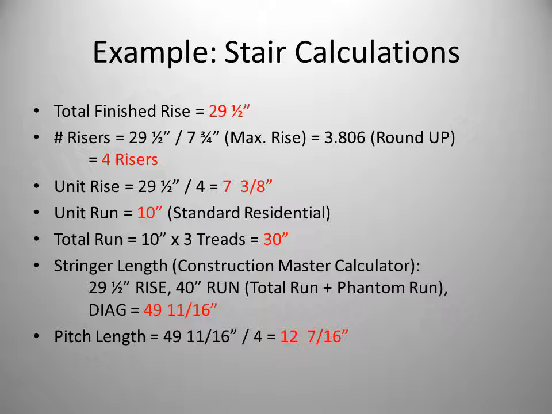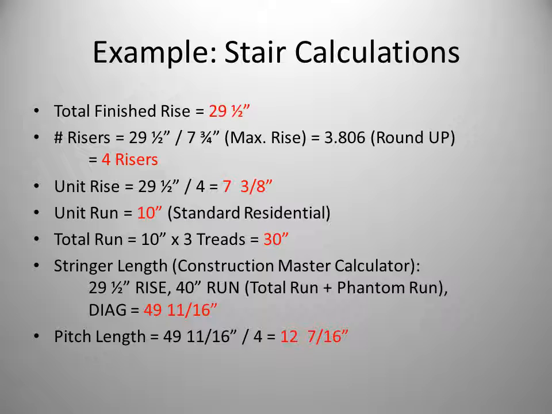That gives us a quantity of risers of 3.8, which we round up to 4 risers. So the quantity of risers is 4. Then we can calculate our unit rise by taking our total finished rise, 29 1/2 inches, and dividing by our quantity of risers. This gives us a unit rise of 7 3/8 inches.